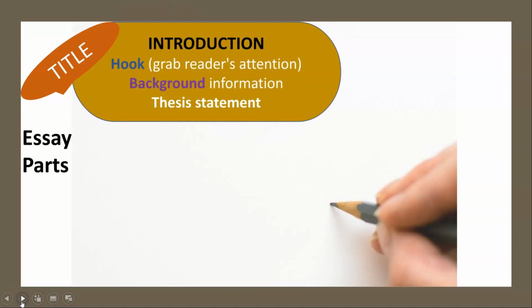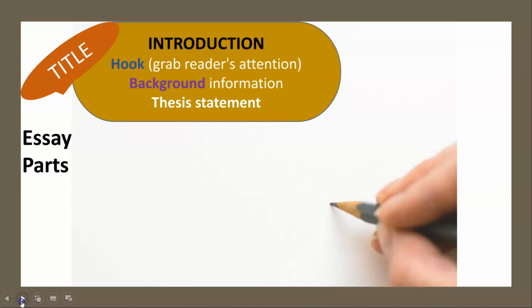When it comes to the introduction, there are three parts that you need to include. The first is the hook. A hook is something that you write that will grab your reader's attention. It can be written in the form of a question, like "Have you ever seen...?" and it depends on what your essay is going to be about.